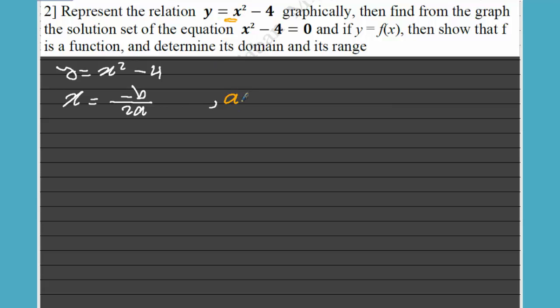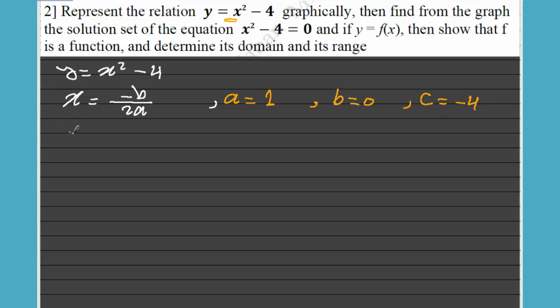It is a and equals 1. What is the coefficient of x? There is no x, so b equals 0, and c, the absolute term, equals negative 4.